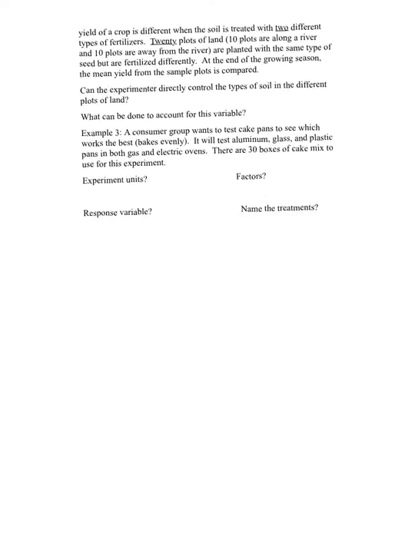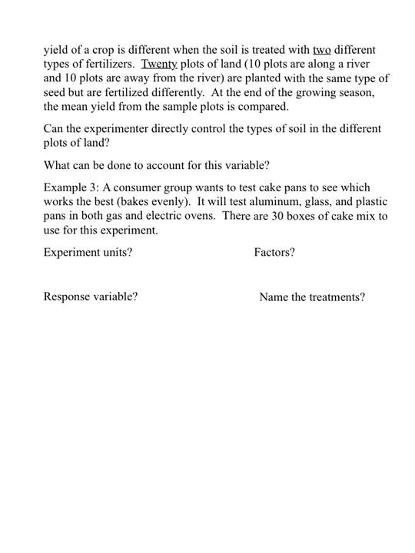So same example. This time, instead of having 3 different types of fertilizers, there's 2 types of fertilizers, and there are 20 plots of land, 10 plots along a river and 10 plots away from the river, and they're planted with the same type of seed. Now, there's a difference between soil that's next to the river and soil that's away from the river.